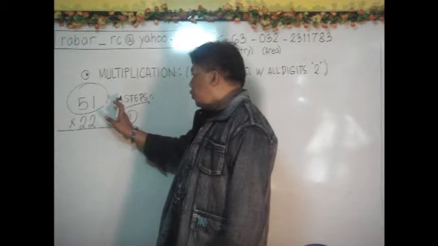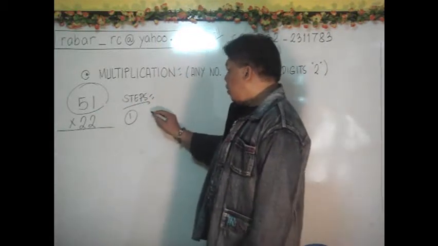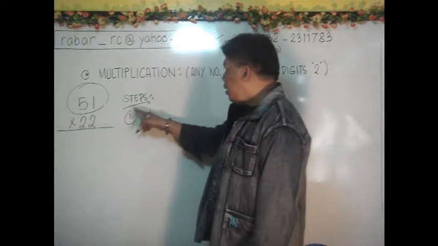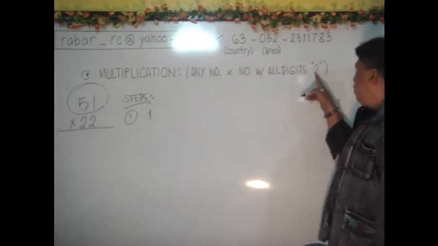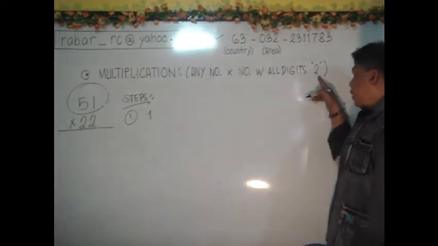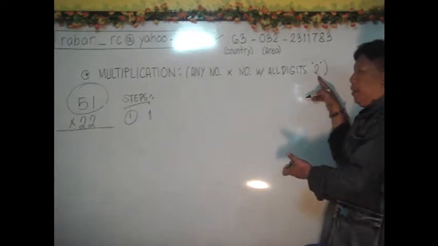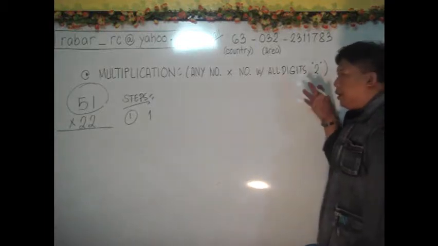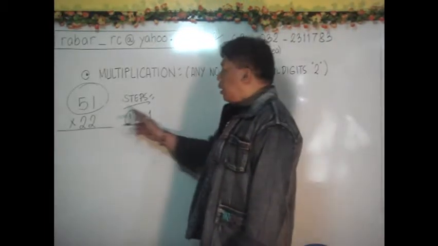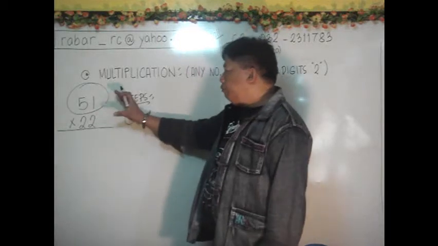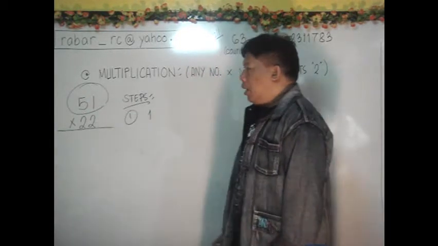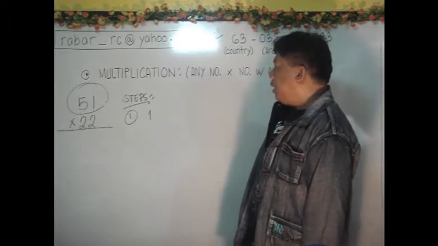The last digit there is 1. So take 1. But this time we have a base of 2 as our dominant digit in the multiplicand. So 2 here is very important in finding the product of a number with a multiplier consisting of digits 2.